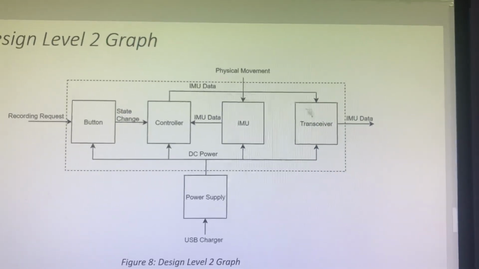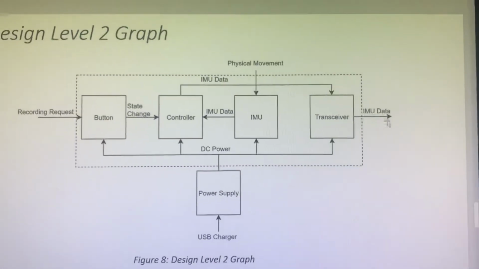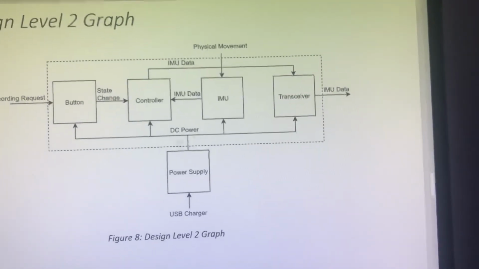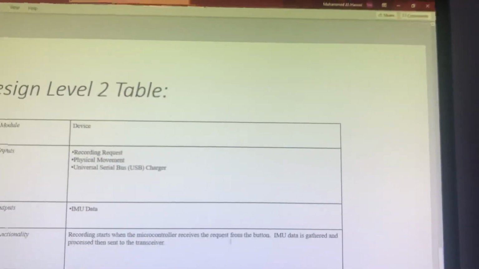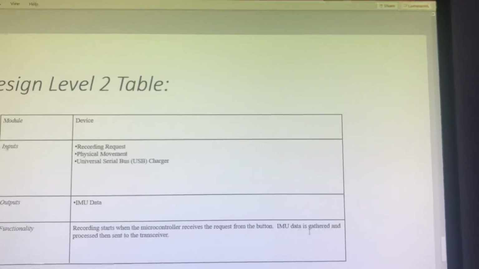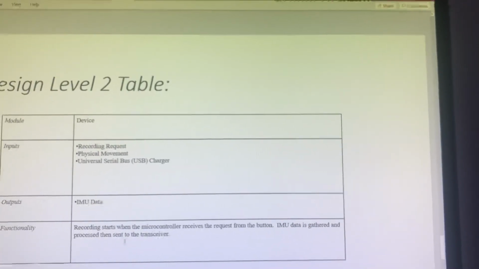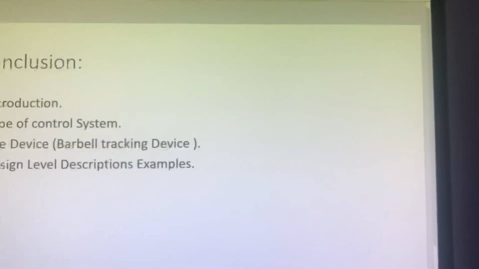The data is sent to the transceiver, and after that it gives us the IMU data. The recording starts when the microcontroller receives the request, so we need the button that I showed you. The IMU data is gathered and processed, then sent to the transceiver.